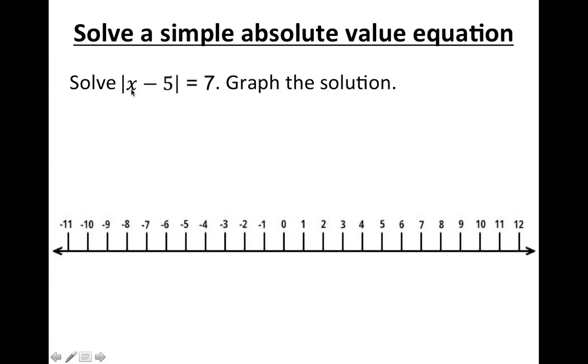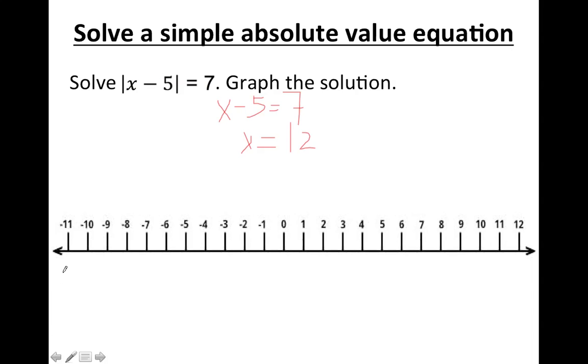So our first example, the absolute value of x minus 5 equal to 7. Remember, your first step is to solve it out, meaning we have to write two equations. The first one, you just rewrite your original equation without the absolute value, so you have x minus 5 equal to 7. To solve that out, you add 5, so we get x equals 12.